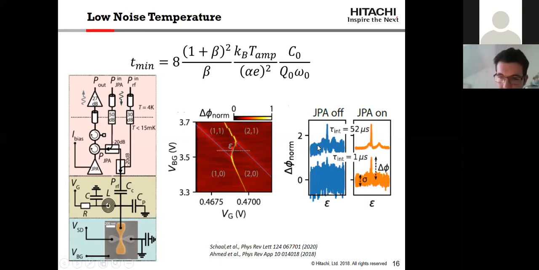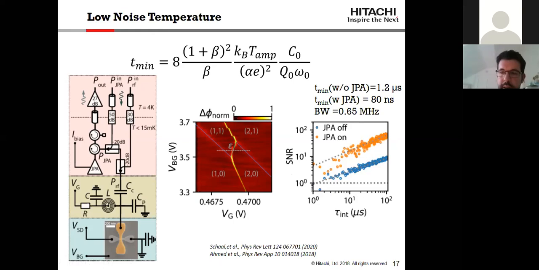So you can see the signal in 4 different configurations. First, when the JPA is off for 2 different integration times, at 1 microsecond, the signal is barely resolvable. But when we turn on the JPA, you can see that the noise level goes down quite nicely, and then we have a sizable signal to noise ratio.